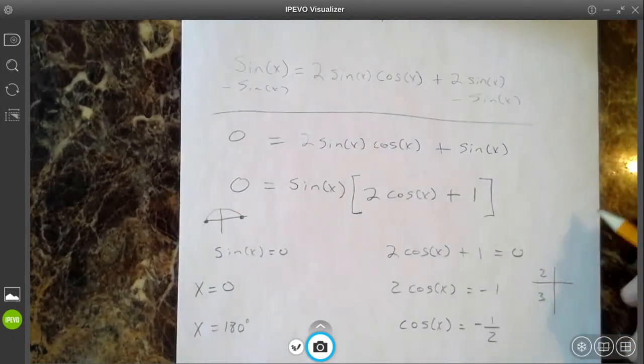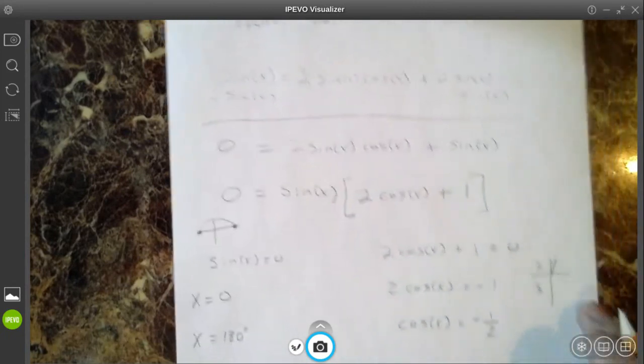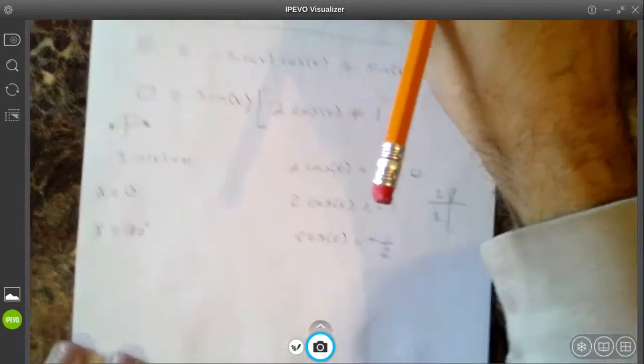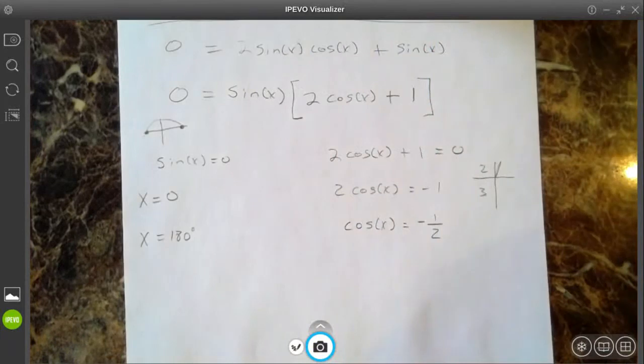All right, so I know from my little spider web chart that in quadrant 1, cosine is equal to 1/2 right here at 60 degrees. So I'm looking for the quadrant 2 and quadrant 3 angles with a reference angle of 60 degrees.